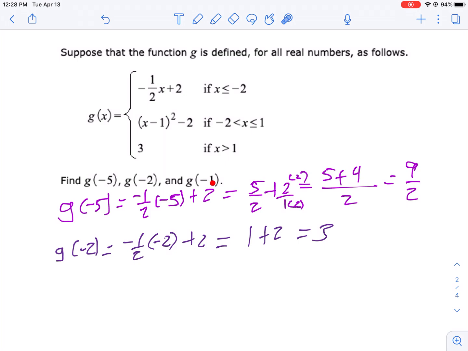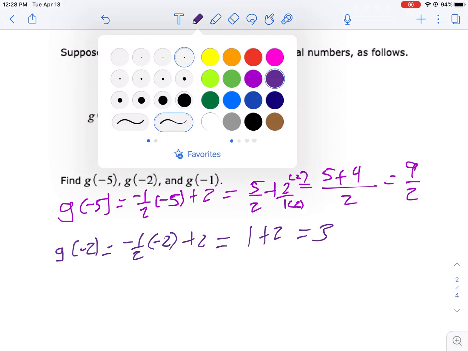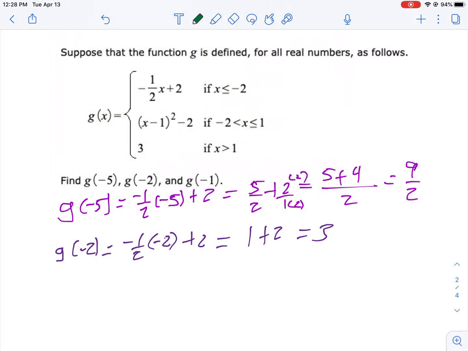Then finally, let's find -1. Well, -1 is not less than or equal to -2, is it? -1 is between -2 and +1, so I'm going to use my second rule now. So to find g of -1, it'll be -1 minus 1 squared minus 2.